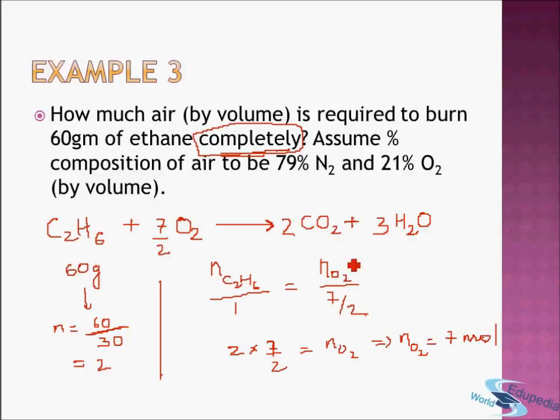Now I have calculated moles of oxygen, but I have to calculate the volume of air. So I have to convert moles into volume, and for that we need temperature and pressure. But in this question I have deliberately not given you temperature and pressure, because sometimes in the exam the temperature and pressure is not given.